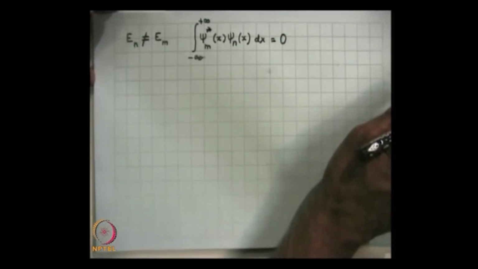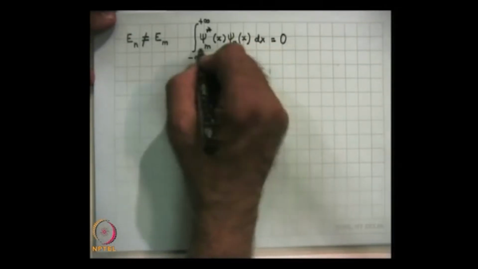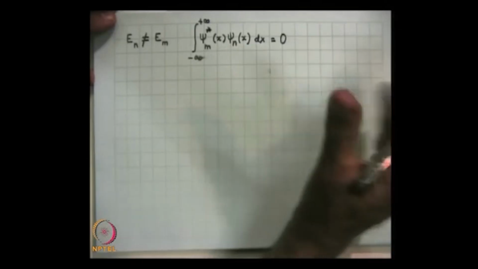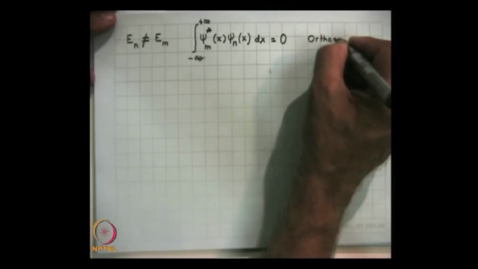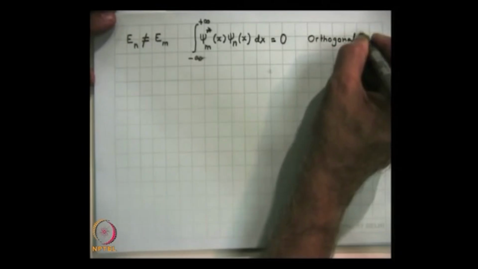When this condition is satisfied, we say that the two functions are orthogonal. So, this is known as the orthogonality condition.